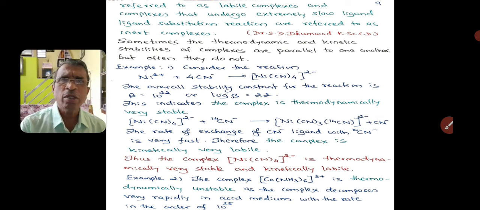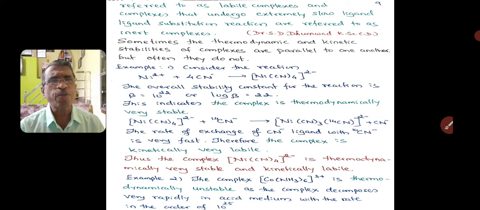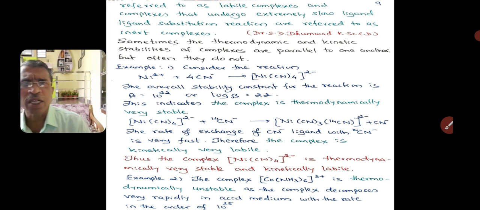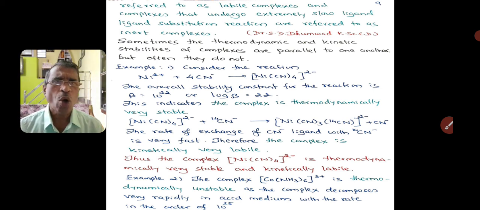Consider the reaction: nickel ion combines with 4 cyanide ions to form the tetracyanonickelate(II) complex. The overall stability constant for the reaction, that is, the beta value, is 10 raised to 22, or log beta is 22. This indicates the complex is thermodynamically very stable because log beta has a high value.